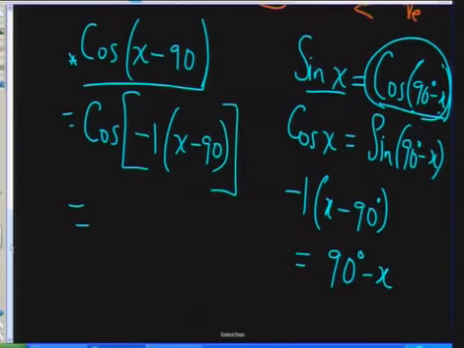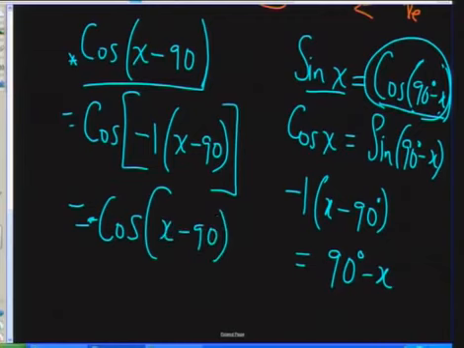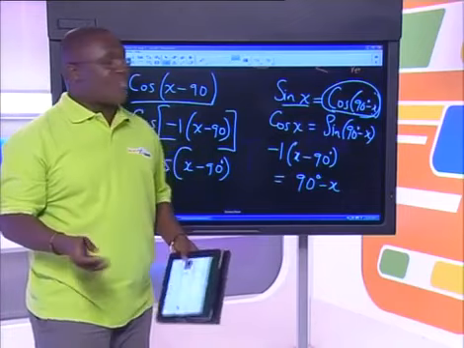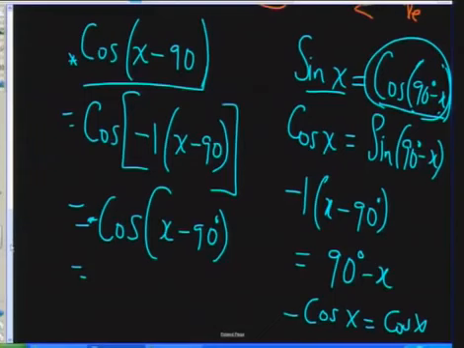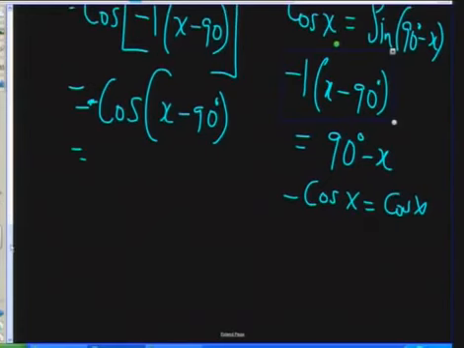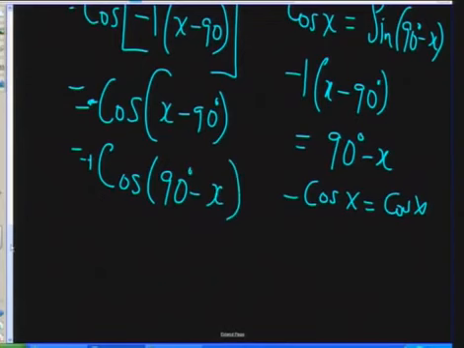This would give me negative cos x minus 90 degrees, which is equal to, but remember, cos is symmetric. So negative cos x will be equal to cos x. Remember that. That's why I'm able to use the negative. So negative cos will be equal to positive cos, the same thing, cos 90 minus x, like that. Okay, that's what I have.